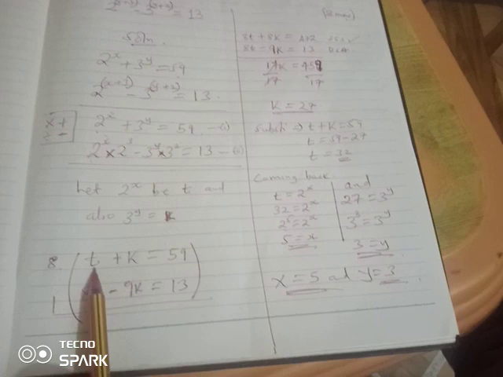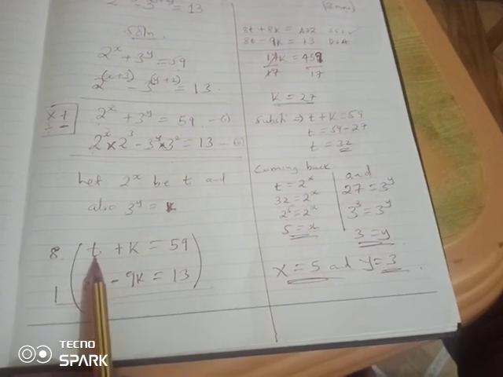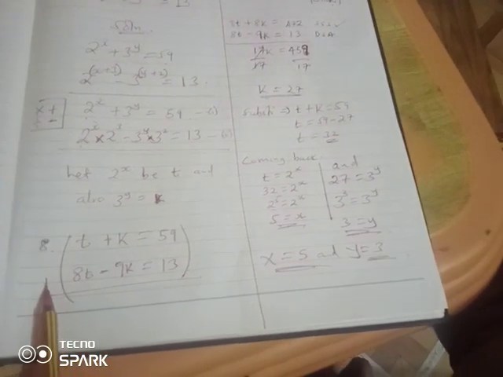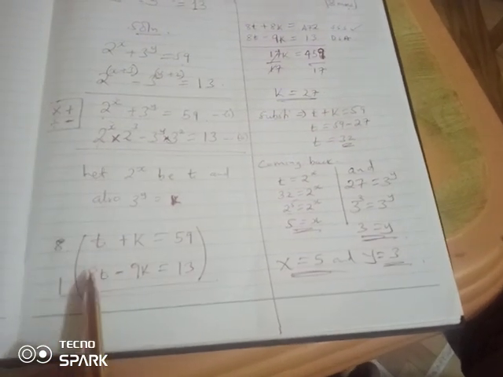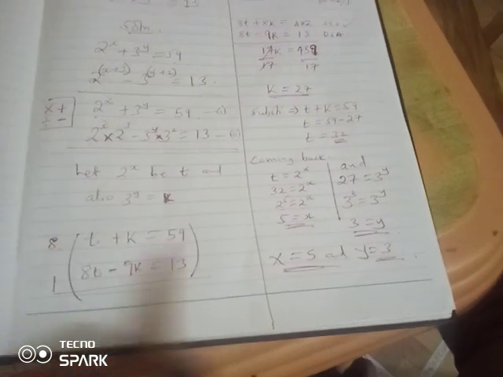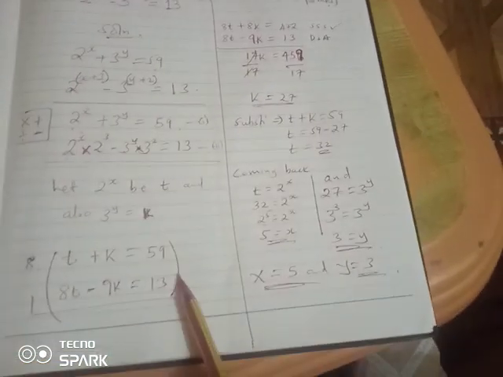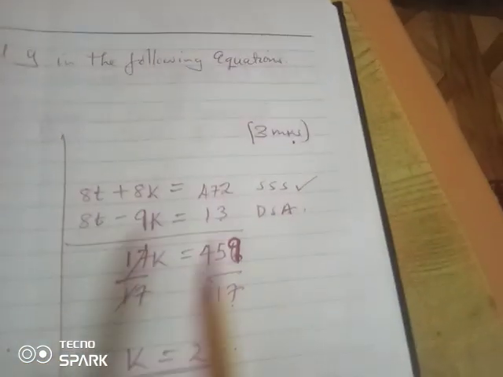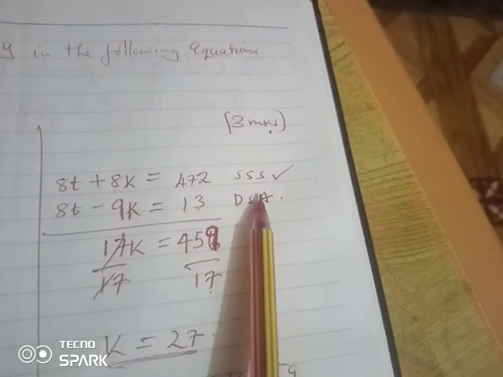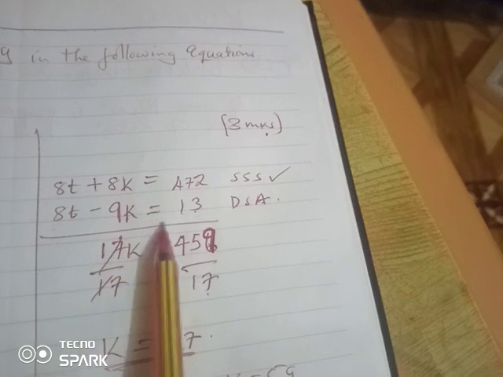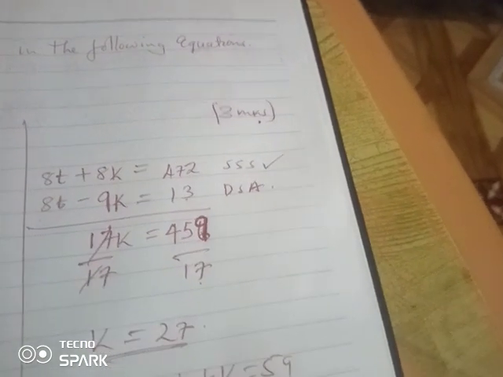I'll take the coefficient of t in the first equation and multiply it with the second equation, and the coefficient of t in the second equation on the first equation. So this is the equation now, 8t and 8t is equal to that.